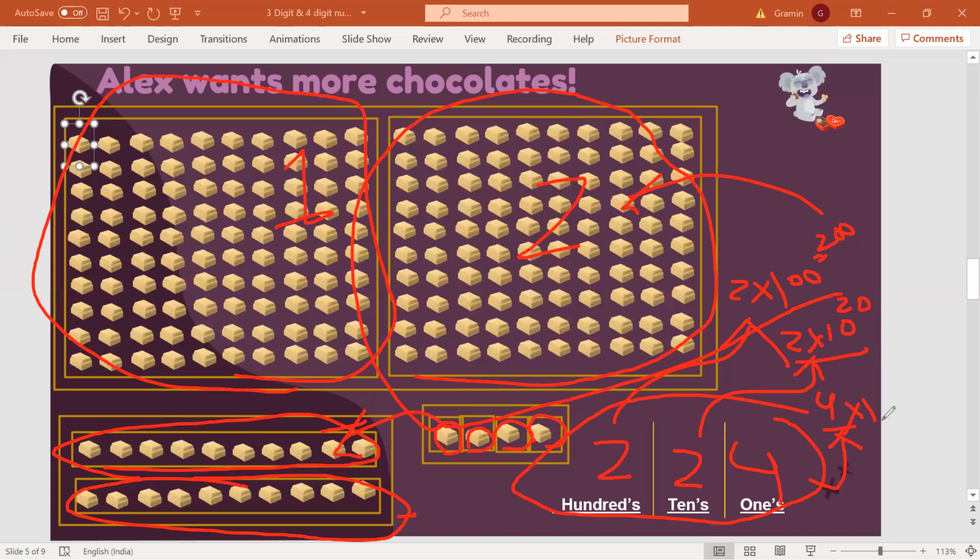And 4 multiplied by 1 will be equal to what? 4. This means the number of chocolates in the ones box. Now if you add these three numbers, 200 plus 20 plus 4, you will arrive at the same number, 224.